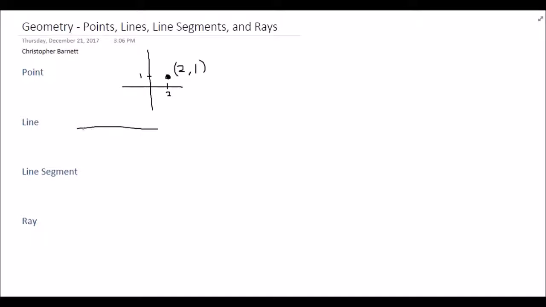So a line is something that looks like this. And that's about it. It's basically a straight path with arrows pointed in opposite directions without end. There's no definite beginning or ending. In other words, it has no end. It just goes on forever.